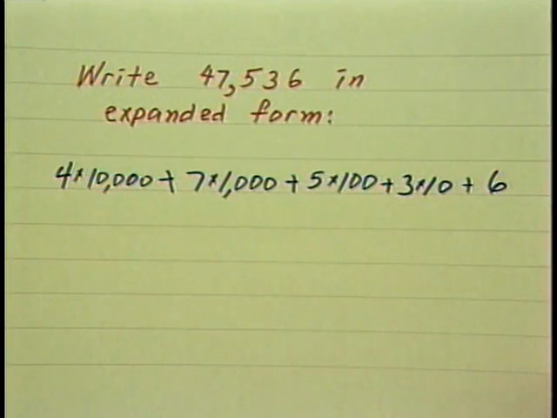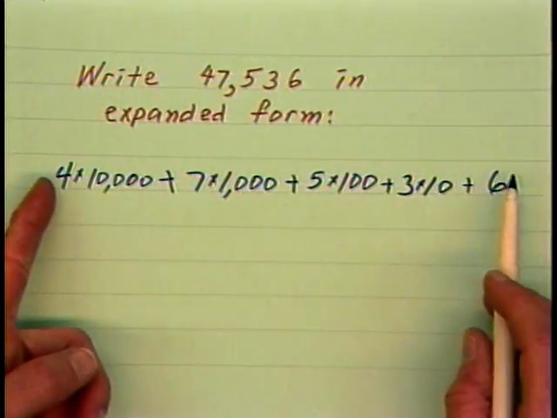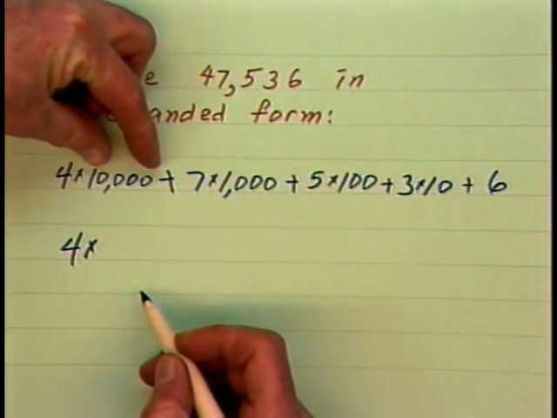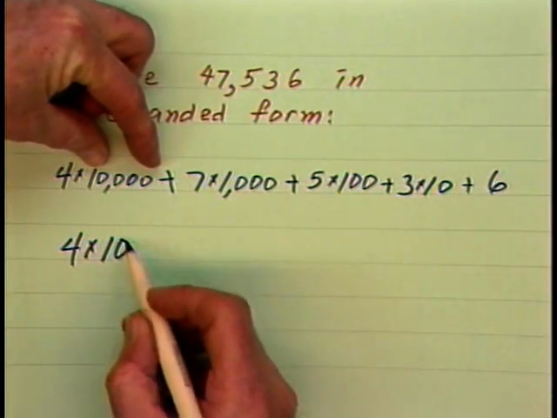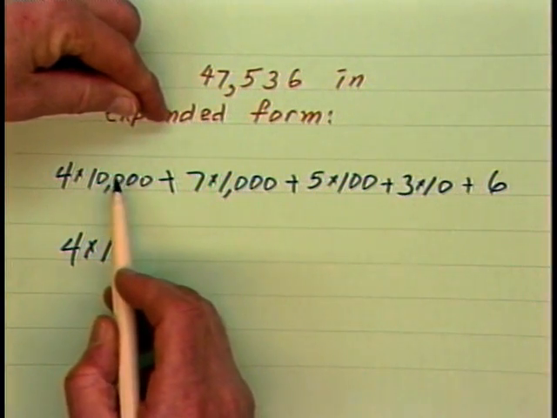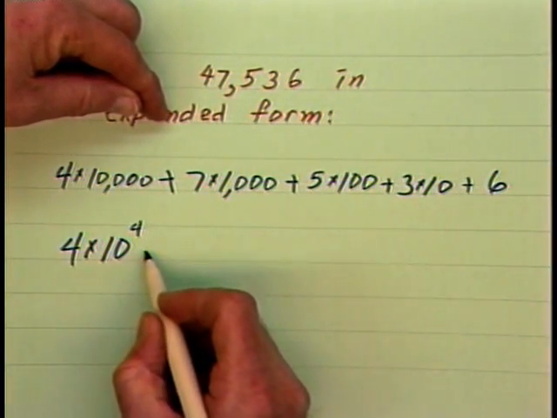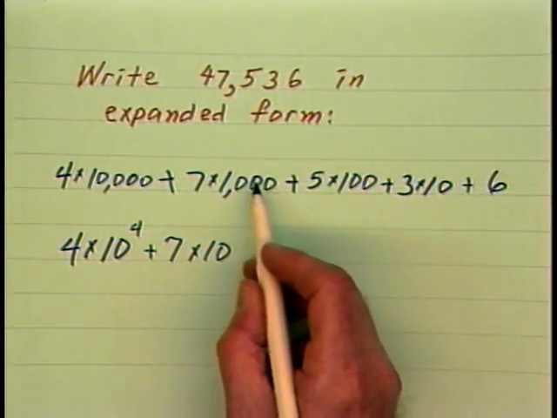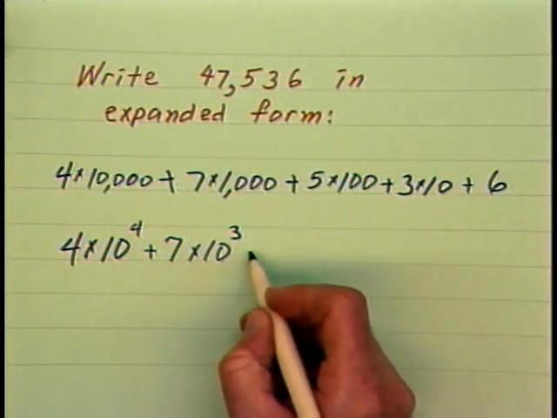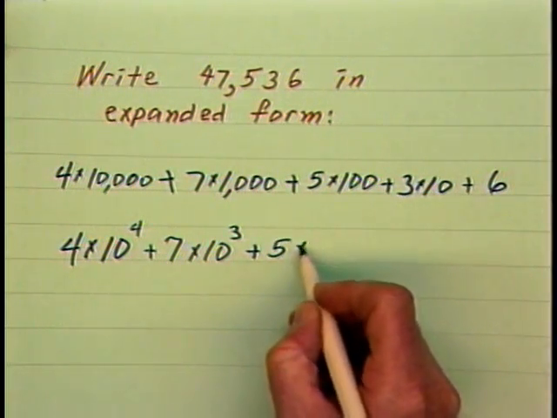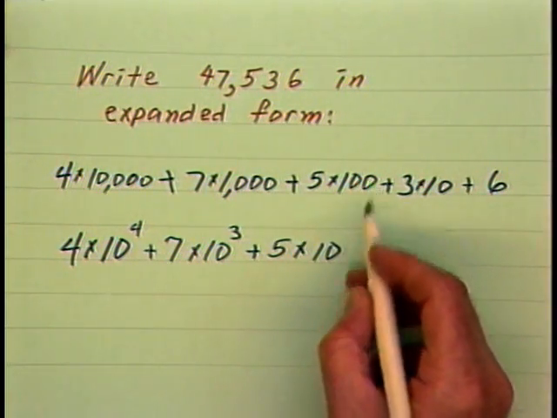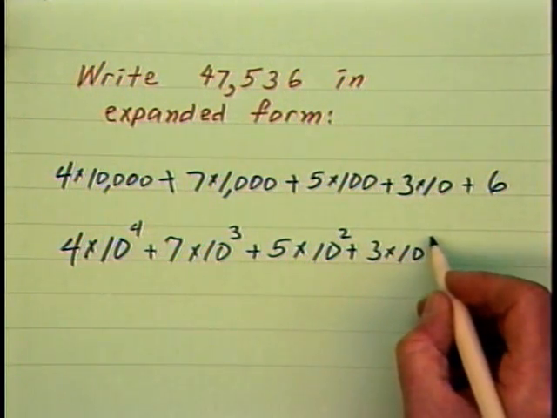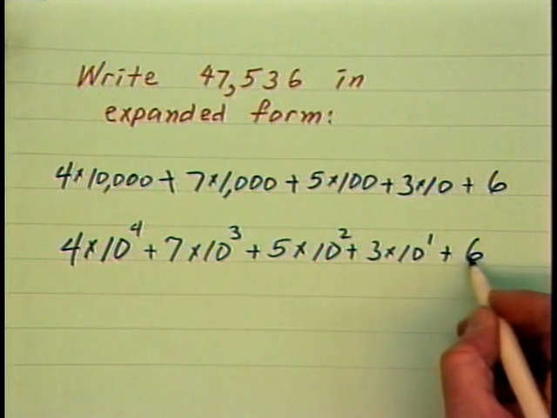But now with our powers of 10, we can condense this a little bit and write 4, but instead of 10,000 in standard form, we can say 10 to the 1, 2, 3, 4th power, plus 7 times 10 to the 1, 2, 3 power, plus 5 times 10 to the 1, 2 power, plus 3 times 10 to the 1st power, plus 6.